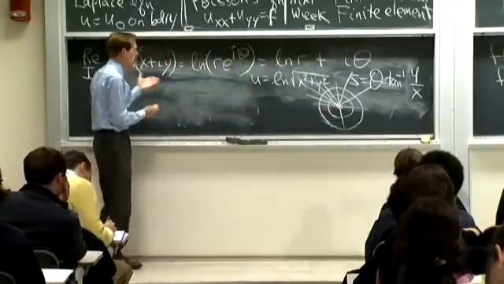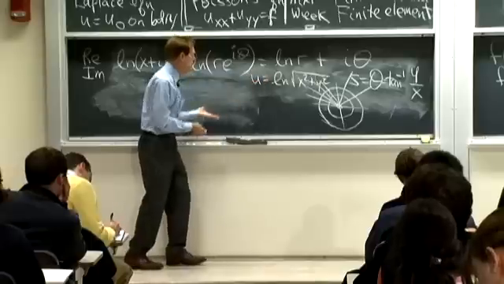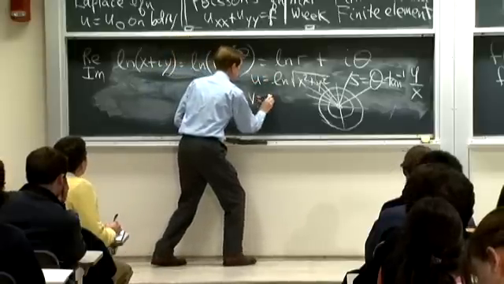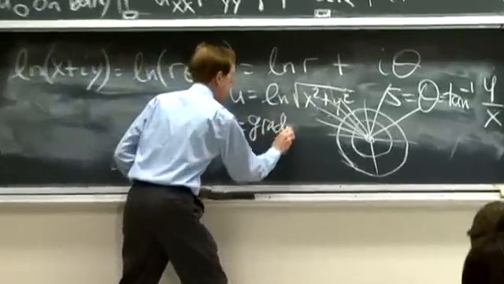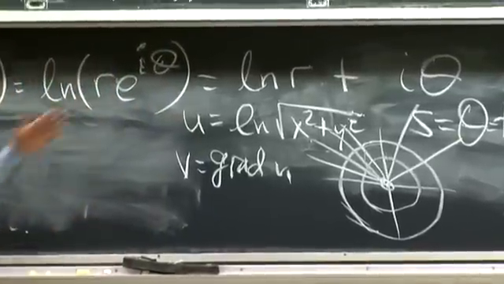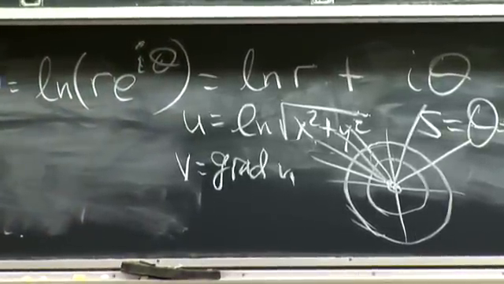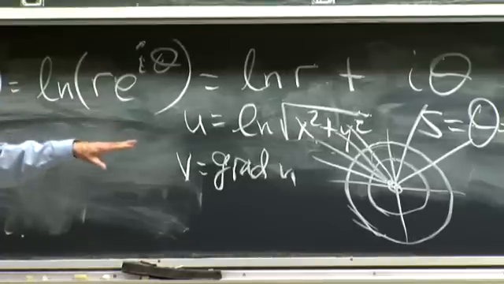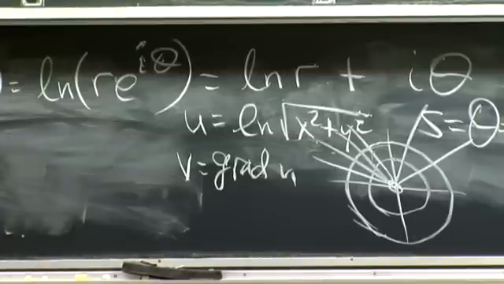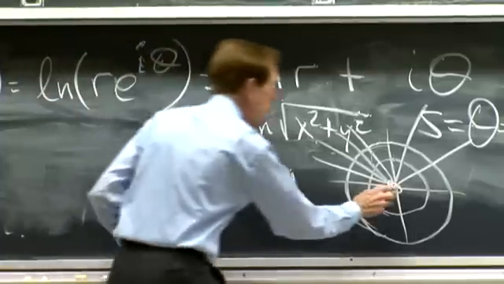And we know, so I know u, I know v is the gradient of u, right? I could take the x and y derivatives. I'd know the velocity. I know the stream function. The divergence would be 0. Everything great except at the origin.